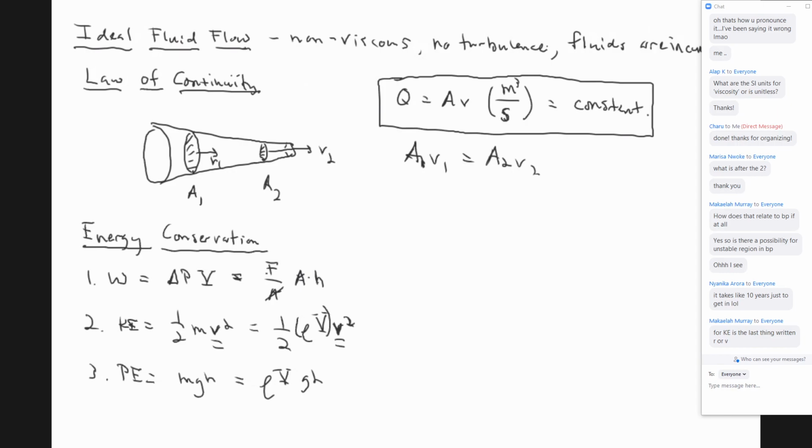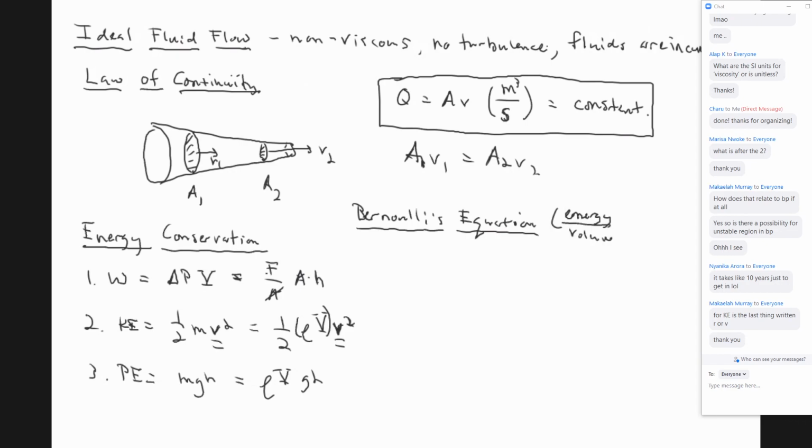So, Bernoulli's equation is simply energy per unit volume is constant.